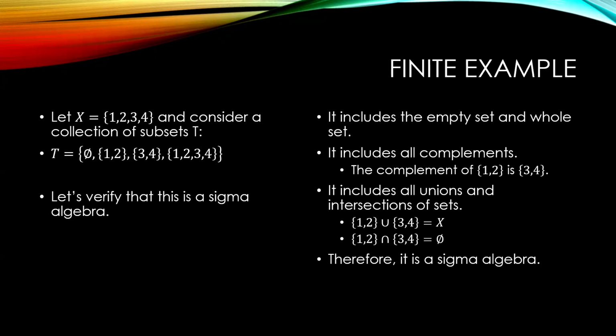We have to include complements. The complement of the empty set is the whole set. The complement of {1, 2} is {3, 4}, and vice versa. And so all the complements are taken care of. It also includes all unions and intersections, because {1, 2} union {3, 4} is the whole set, and {1, 2} intersect {3, 4} is the empty set. And so this is a sigma algebra.